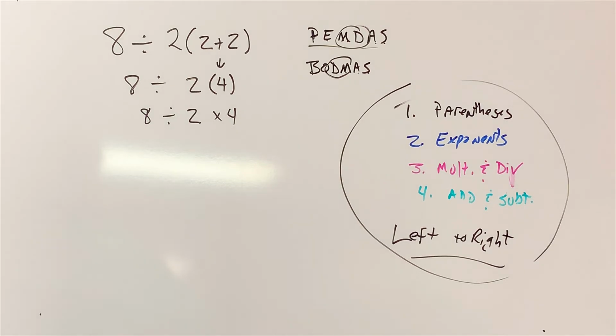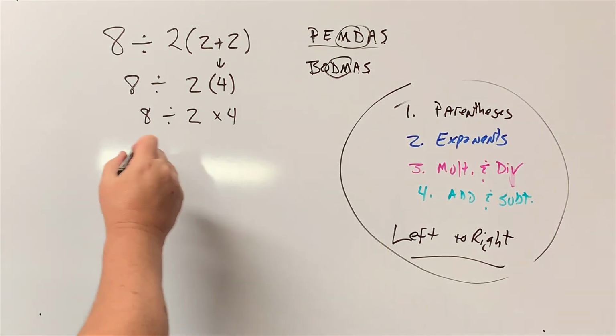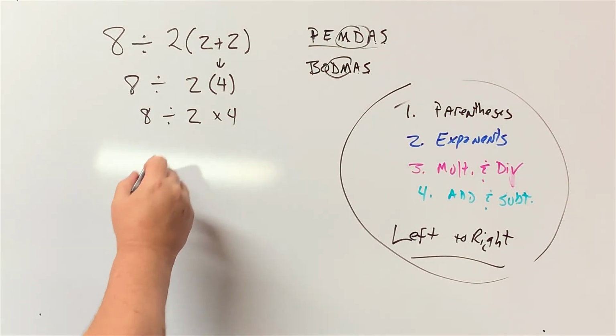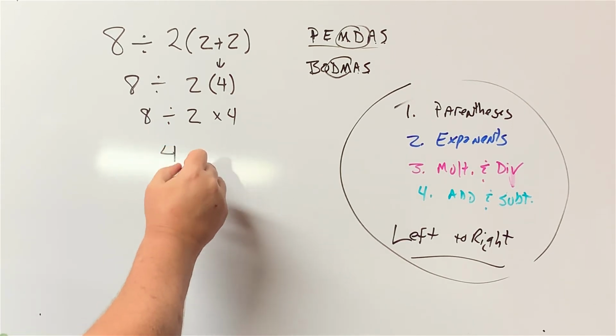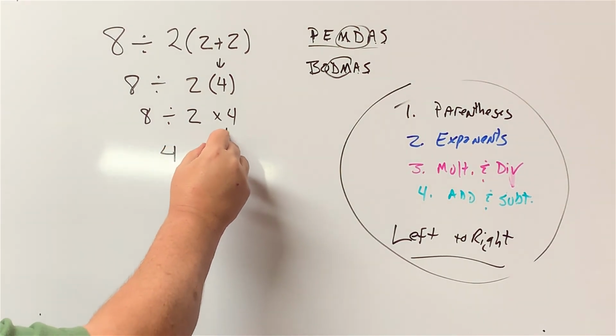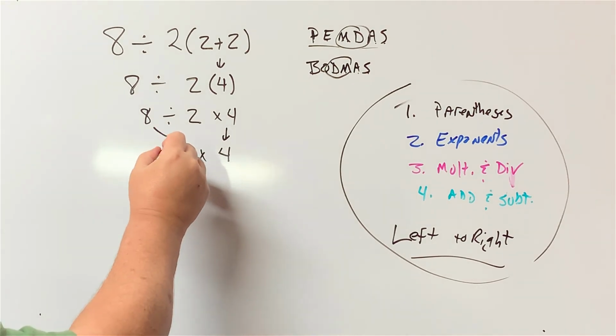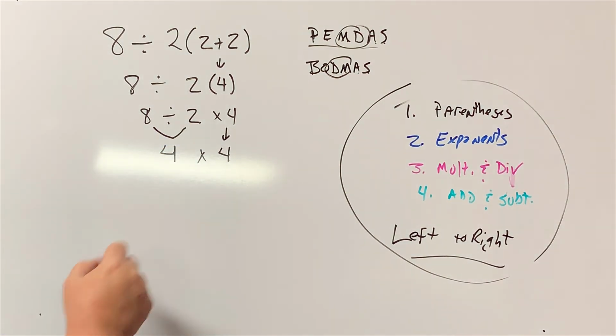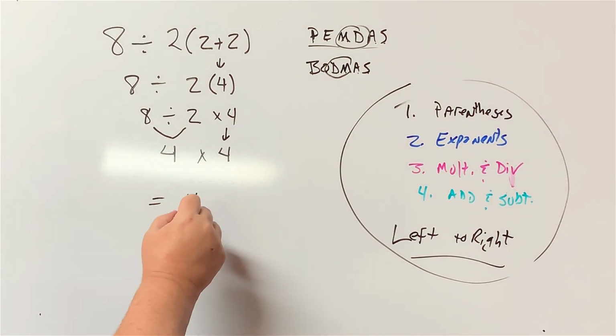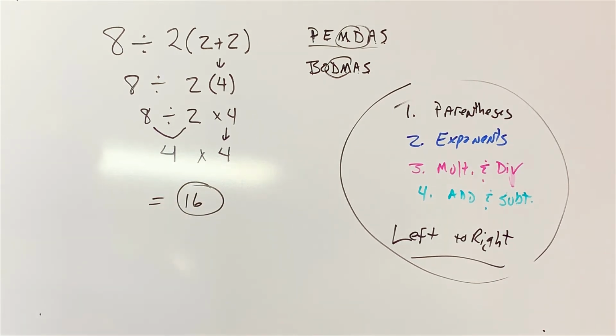Every math course, every mathematical operation all around the world always uses this same set of rules, and we always solve from left to right. So now I'm going to do that. 8 divided by 2 is 4, and I'm still multiplying by 4. I'm bringing that down because I haven't done anything with it. And 4 times 4, of course, is 16, and that's the answer.